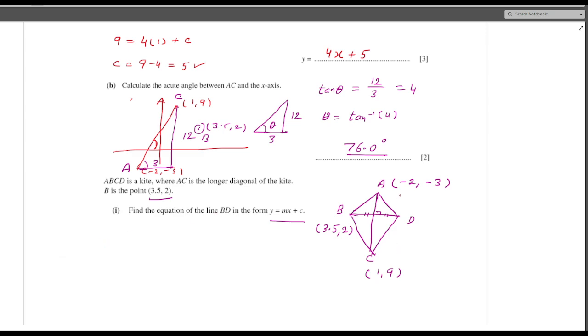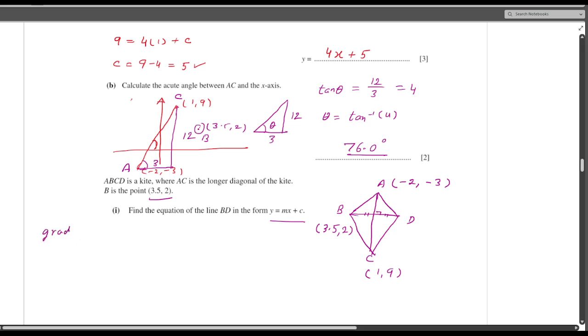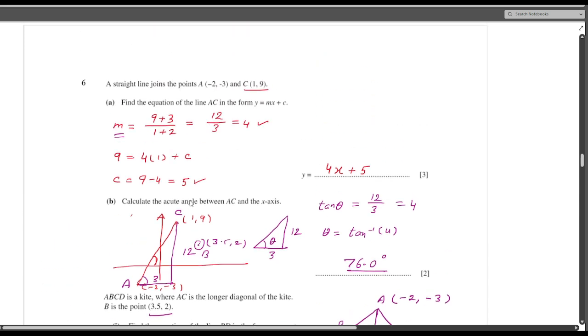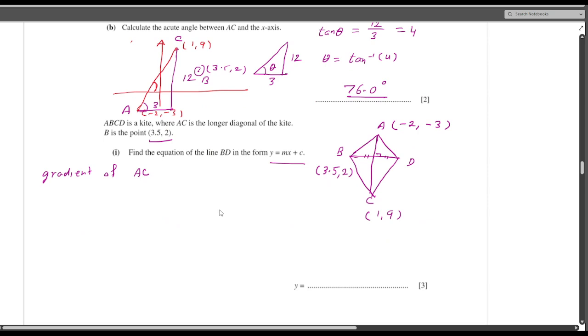So first let us find the gradient of AC. Already I know the gradient of AC; it is 4.